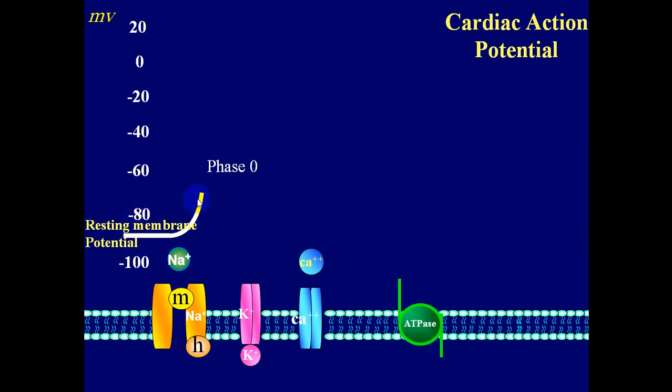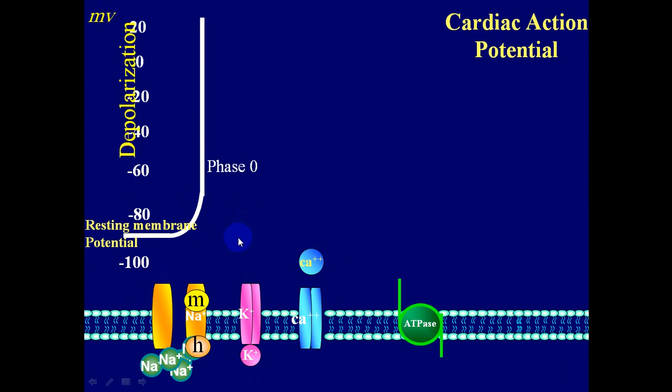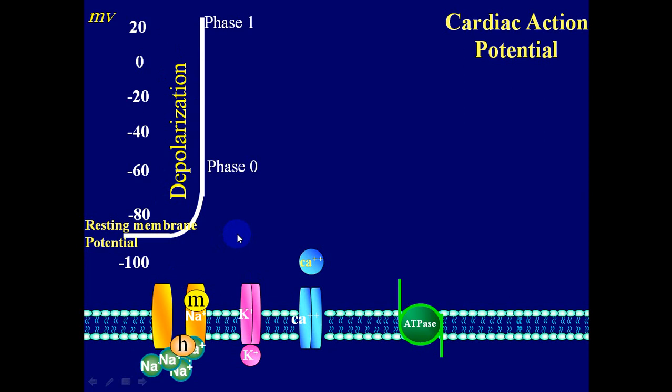If it fires, this is phase 0. Look at the fast sodium channel. Why is it fast? It quickly lets more sodium enter the cell and leads to depolarization. It is followed by phase 1, which is early repolarization, when the potassium channel opens and some potassium effluxes outside.